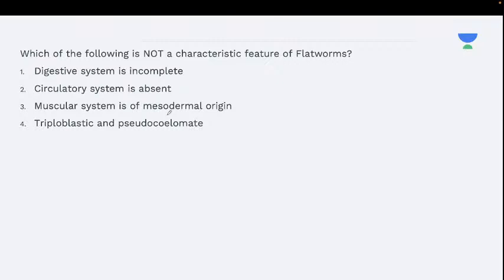Flatworms, also known as platyhelminthes.